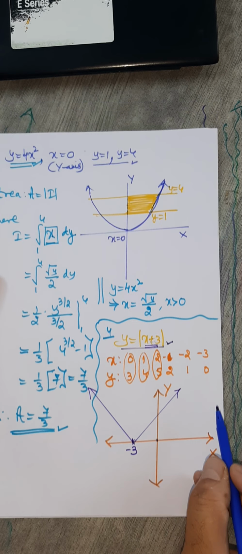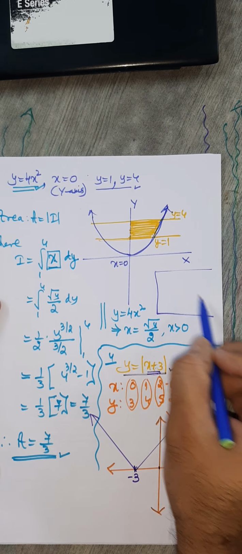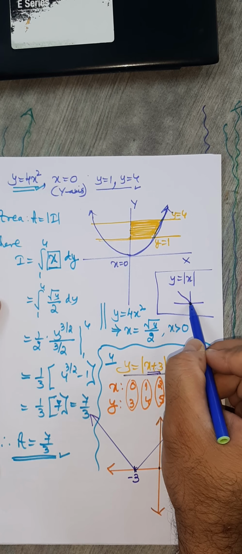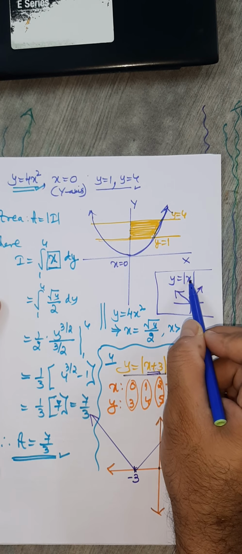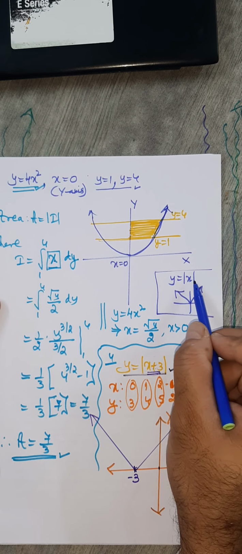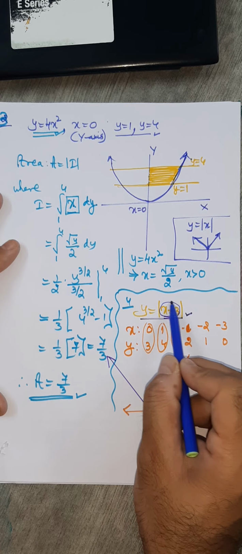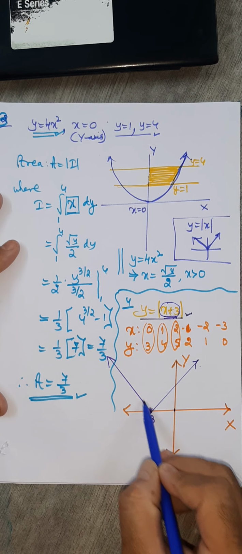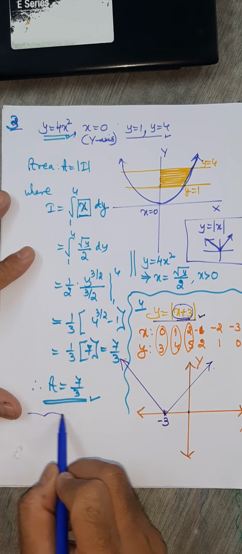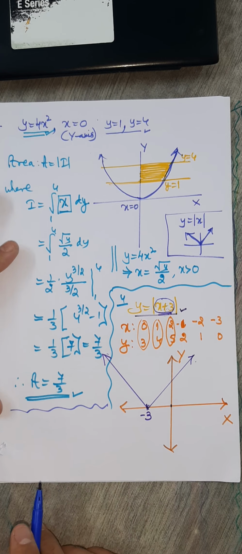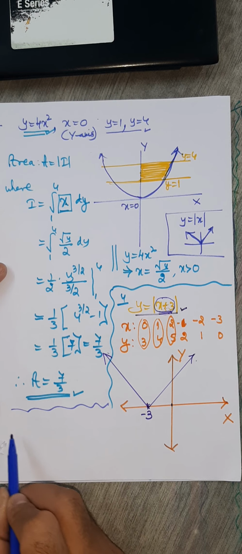If you consider the function y equals modulus x, this is the union of two rays at the origin. This you know, because here at 0 it becomes 0 and so on. Here it becomes 0 at minus 3. So one ray over here, the other ray over here. That's one thing. Here one more thing you are asked in this question, evaluate this.